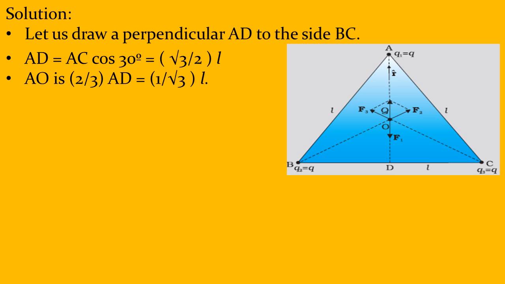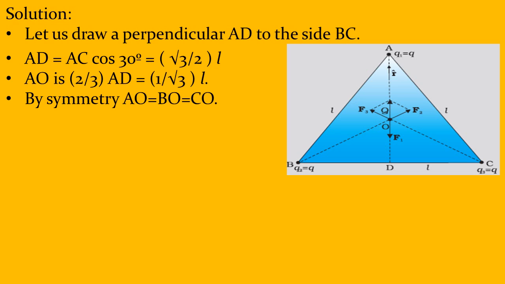The point of intersection is O. Now, the distance AO is 2/3 of the whole distance AD. Now, this is from your geometry. Now, I will put the value of AD here. So, it is 2/3 of root 3 by 2 into L. So, what's going to happen? The 2 is going to get cancelled and I only have 1 by root 3 into L.